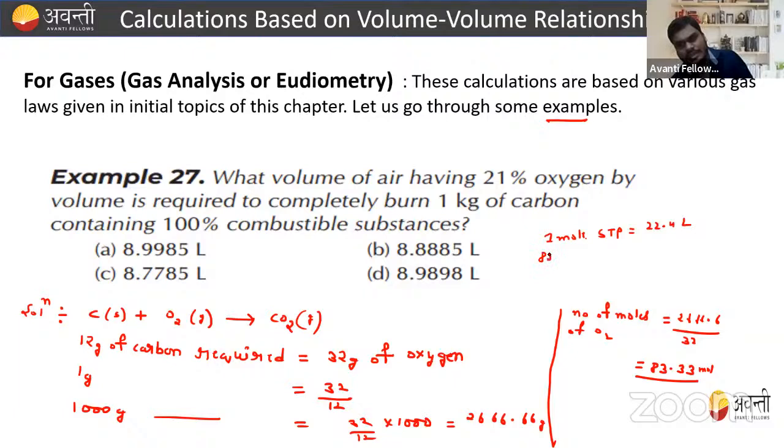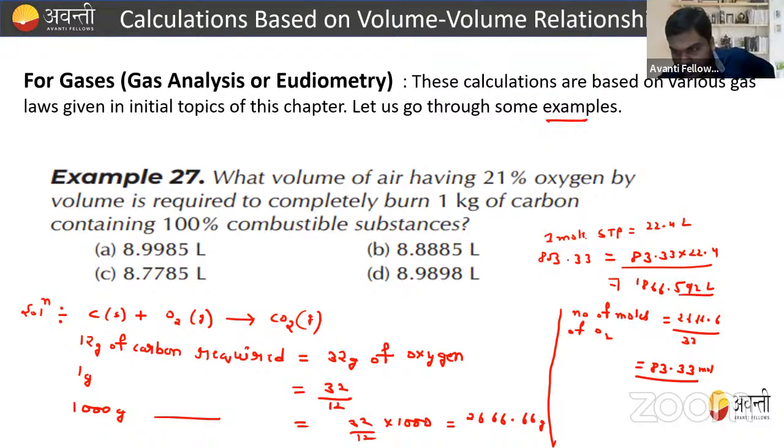So 83.33 mole is equal to 83.33 multiplied by 22.4. It comes out to be 1866.592 liter. So this much liter of O2 is required.